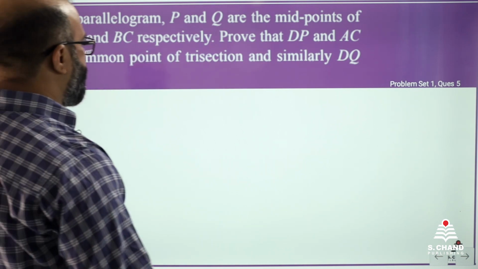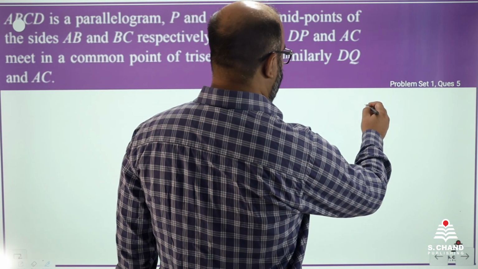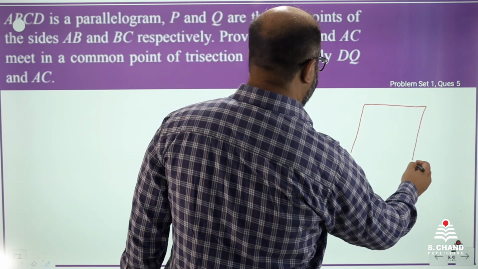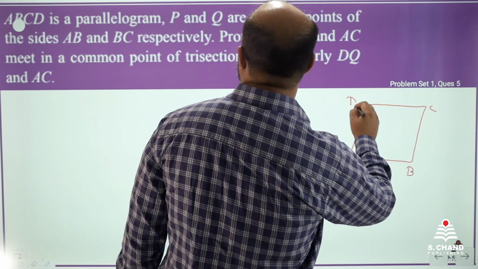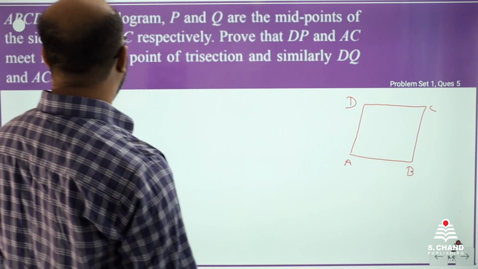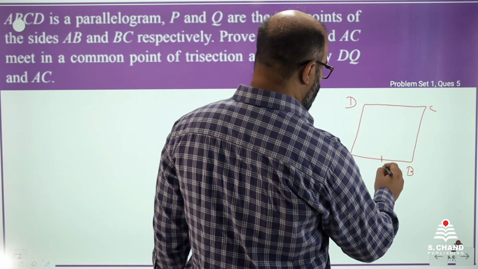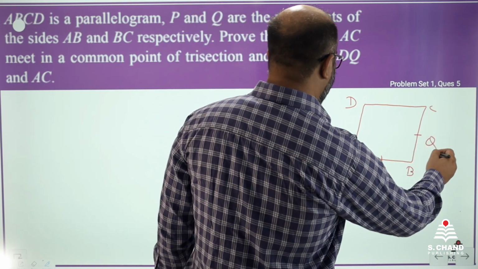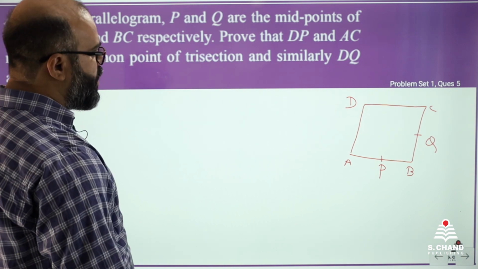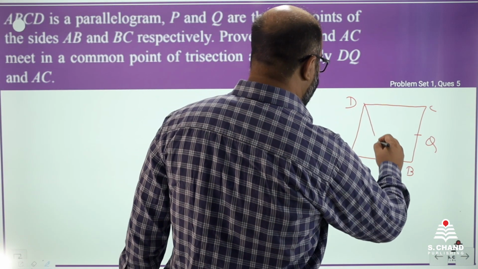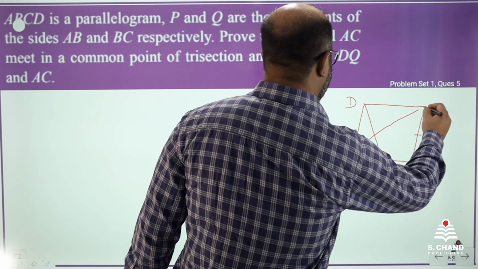So we have a parallelogram ABCD like this, and P and Q are the midpoints of the sides AB and BC. Here is P, here is Q. We have to prove that DP and AC meet in a common point of trisection. DP is there and AC is there.